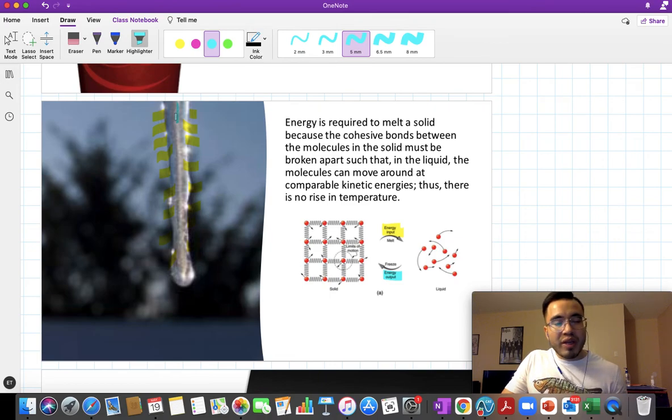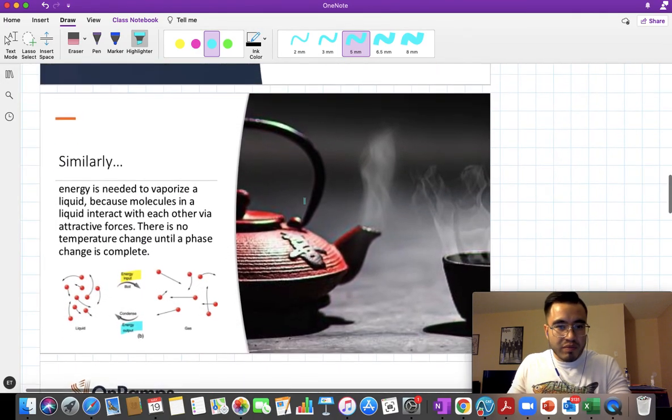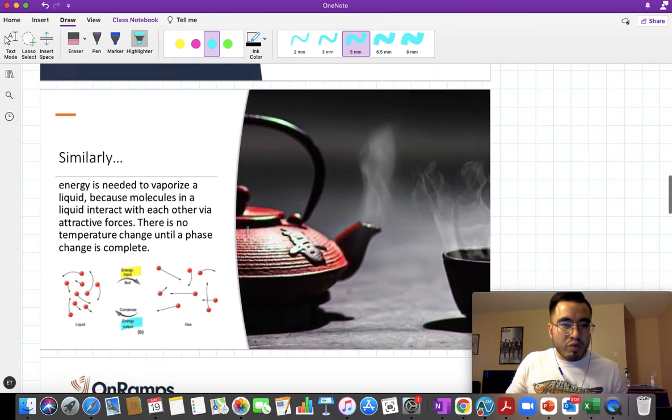Okay, but there's no temperature change. Now it's not talking about the system as a whole, but just this part, which is the ice. That's why it's saying energy is required to melt a solid. So the solid, as long as it's a solid, even though it's melting, will stay at 0 degrees until all of it has become water. And then over here, the water will be, let's say, at 100 degrees Celsius until it's all become water vapor.